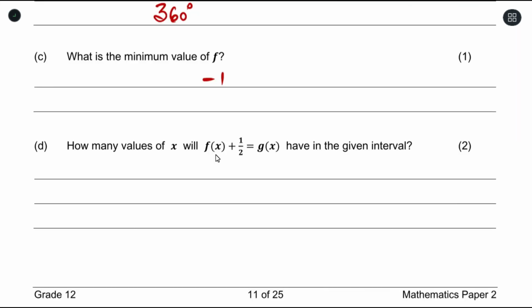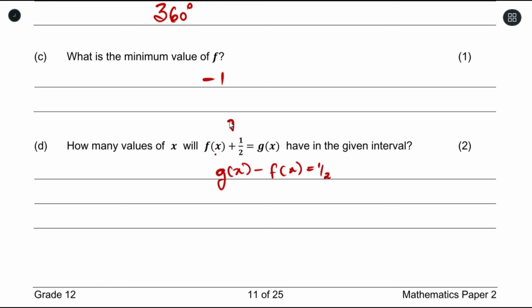So D, the question says how many values of x will f(x) plus half equals to g(x) have in the given interval? Now, to answer this question, it would be best to rewrite it properly. So I can move the f(x) over to the other side, so I can write it like this: g(x) minus f(x) is equals to 1 over 2, right?